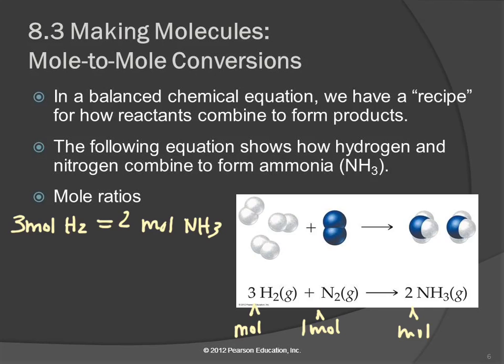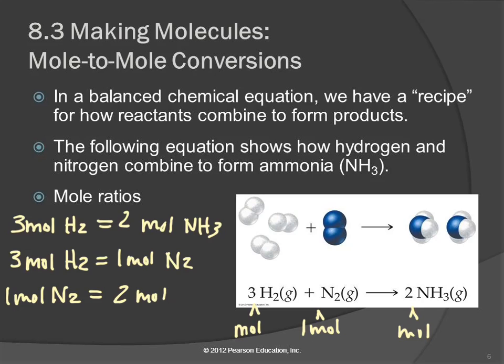How about the relationship between hydrogen and nitrogen? 3 moles of hydrogen need how many moles of nitrogen? 1. 1 mole of nitrogen. How about 1 mole of nitrogen would get us how many moles of ammonia? 2.